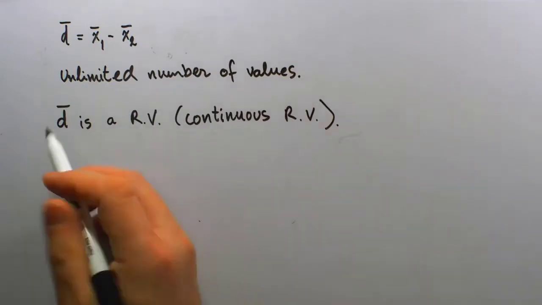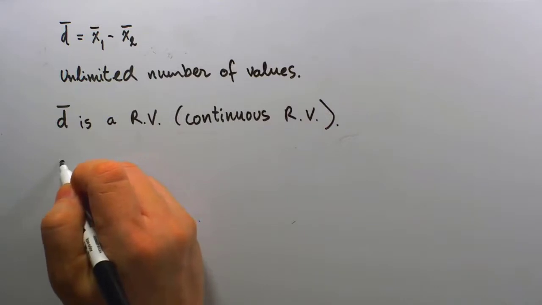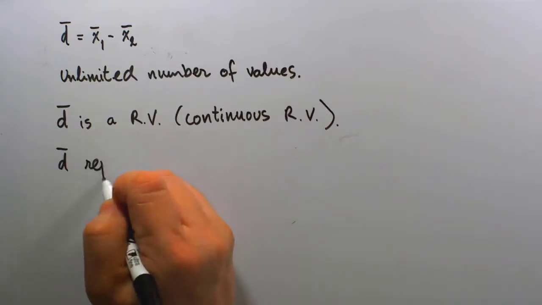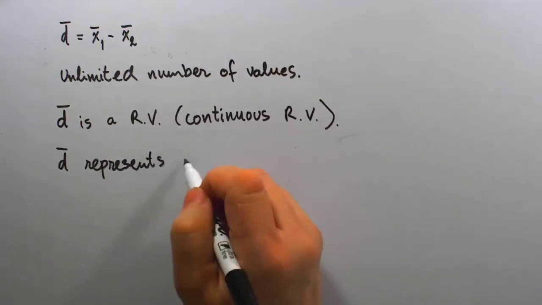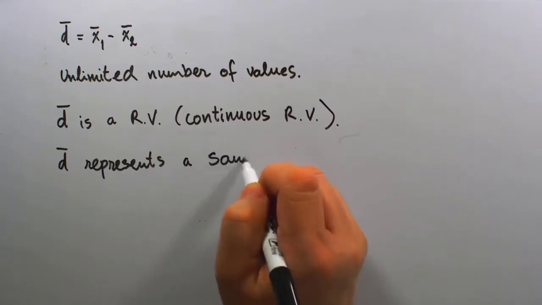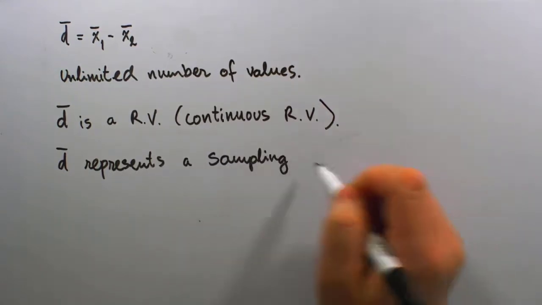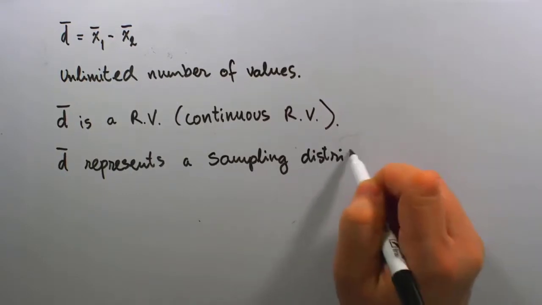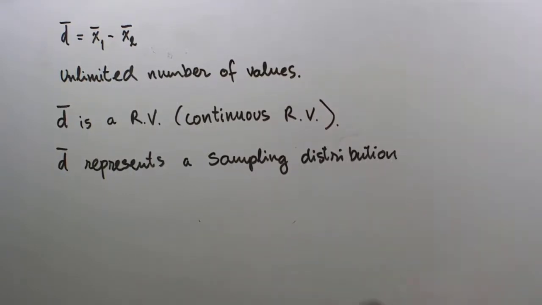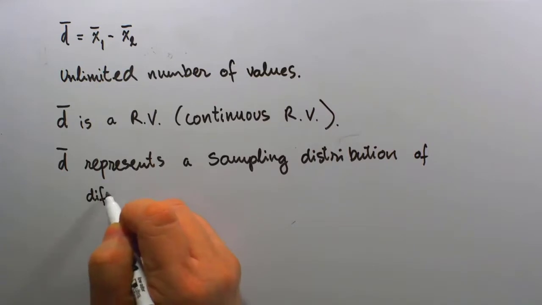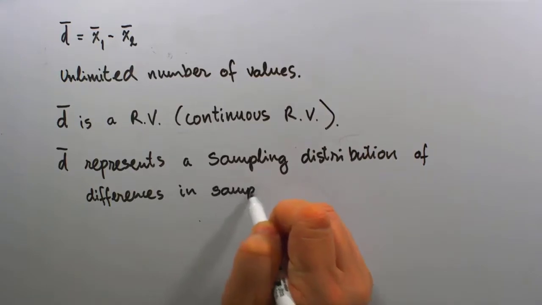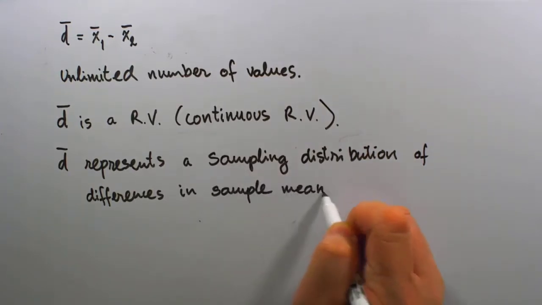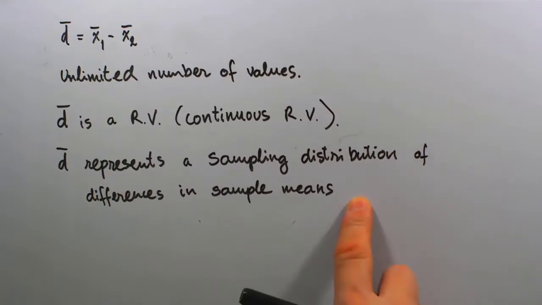And so further, you can see that d bar represents this random variable, and represents a sampling distribution of differences in sample means, and of course from two separate populations.